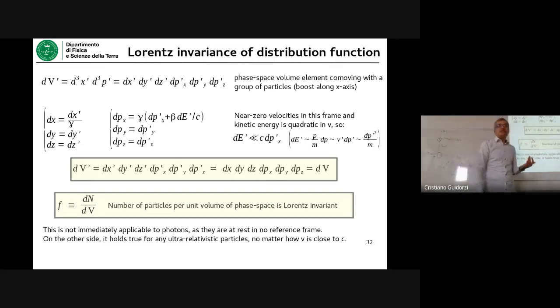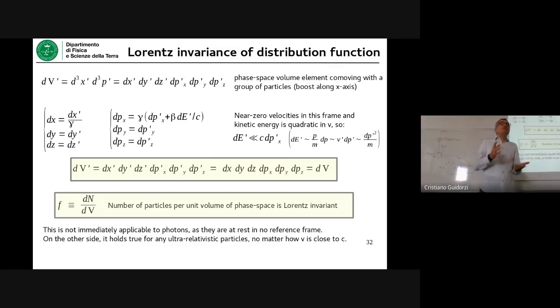But on the other side, there's no limitation to the energy of the particle. So you can consider arbitrarily ultra-relativistic particles. But when the particle is moving at arbitrarily high Lorentz factor, it tends to behave like a photon, essentially.